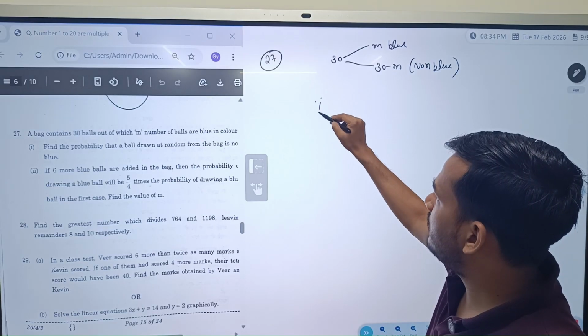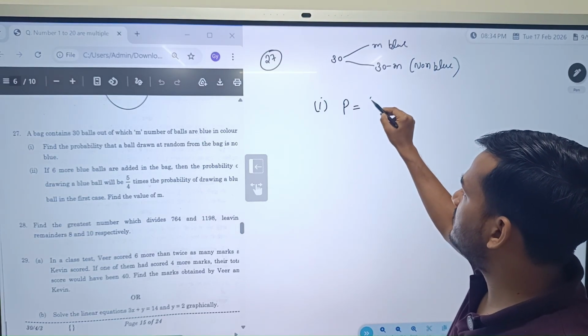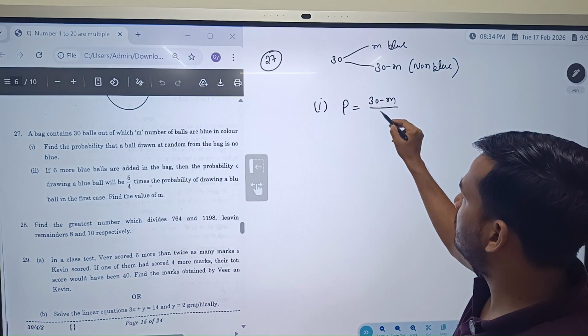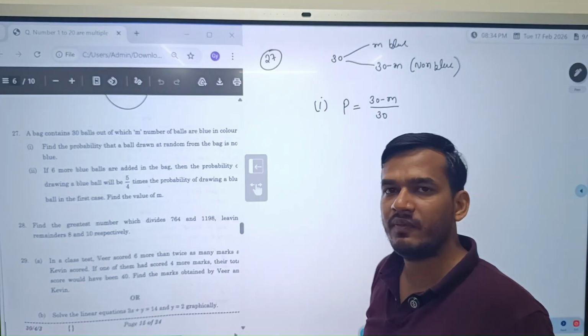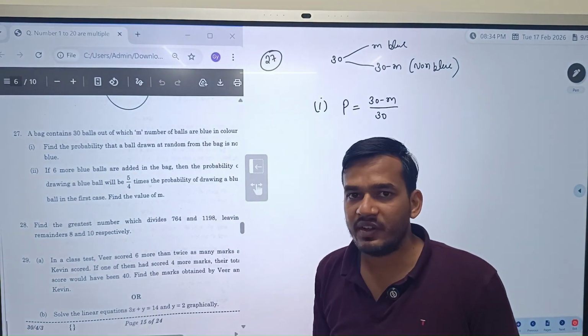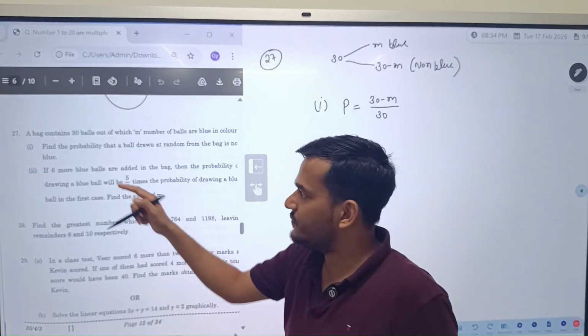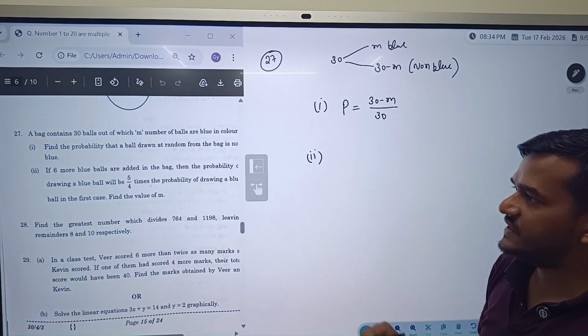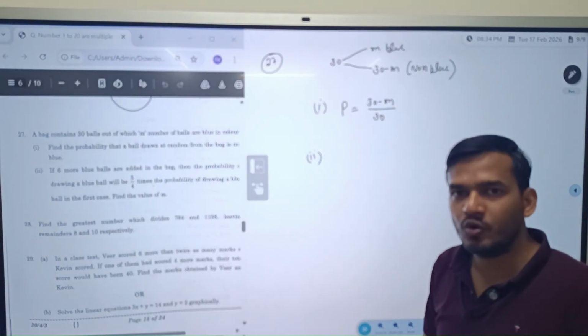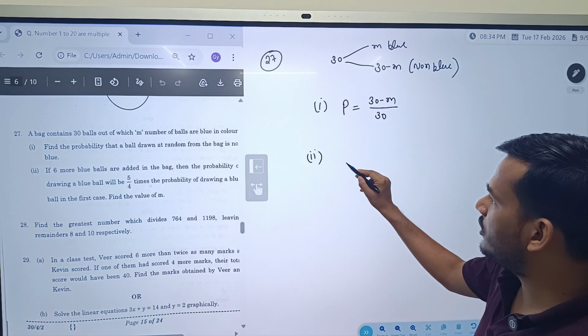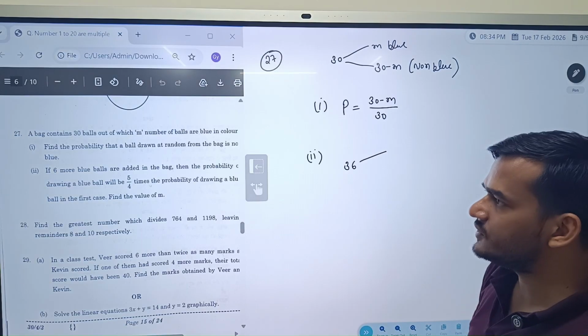So probability of the ball which is not in blue color is 30 minus m divided by 30, correct? 30 minus m by 30. In the second part, now in the second case, 6 more blue balls are added. So total number of balls are 36.